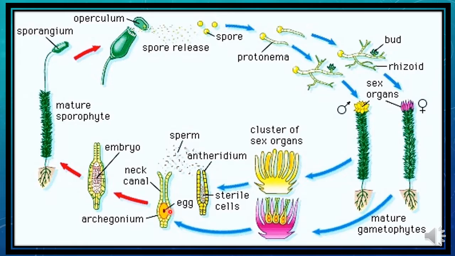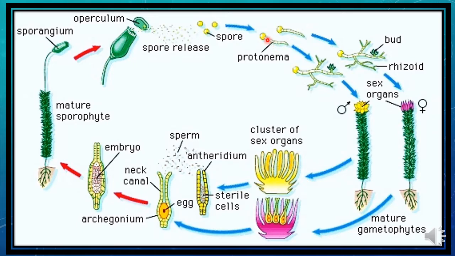So the zygote is produced in the archegonium, and this zygote develops into the embryo, and this embryo forms the mature sporophyte. It produces the multicellular structure called the sporophyte, and this sporophyte undergoes meiosis to form the haploid spores, and these haploid spores on dispersal germinate into the new gametophyte.